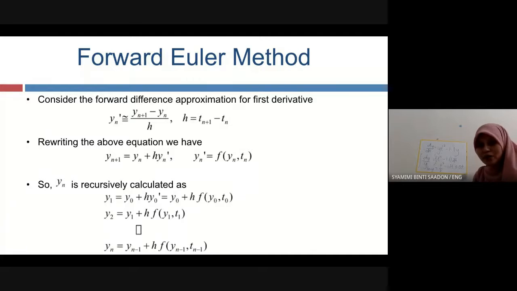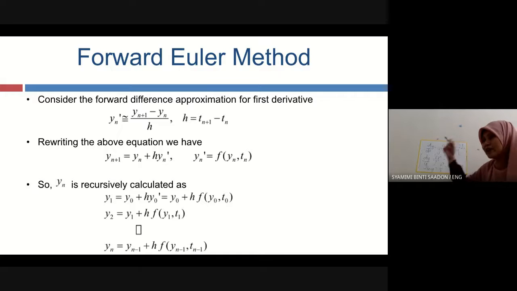Since we know this is an initial value problem, and the initial value is given, I forgot: y0 equals 1 and t is from 0 until 2 seconds.